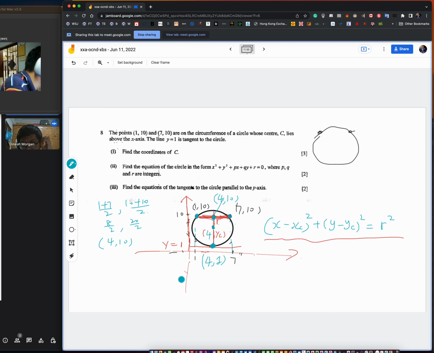So once you have this, I think you can solve it already. This is 4, right? Then you just sub in one of the points. This is 4. Then you can use this point, right? You use the distance formula.